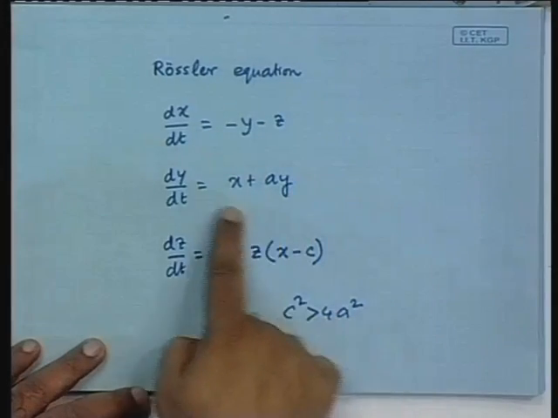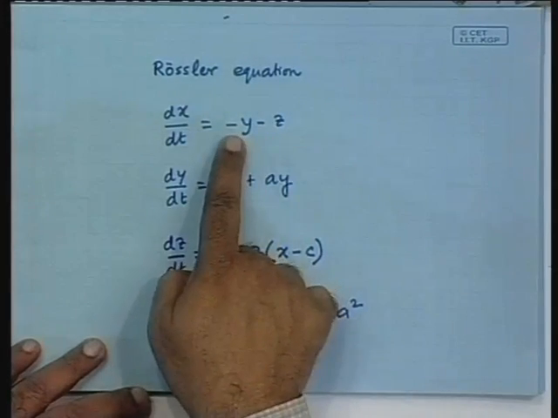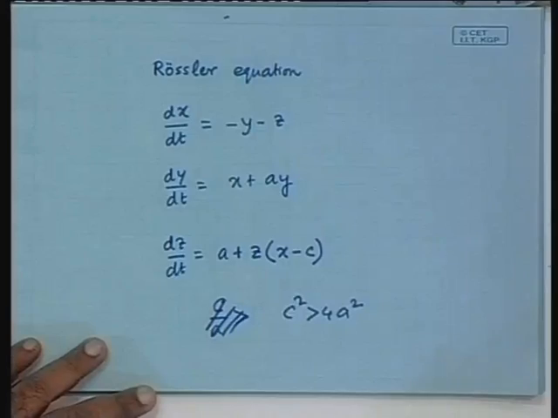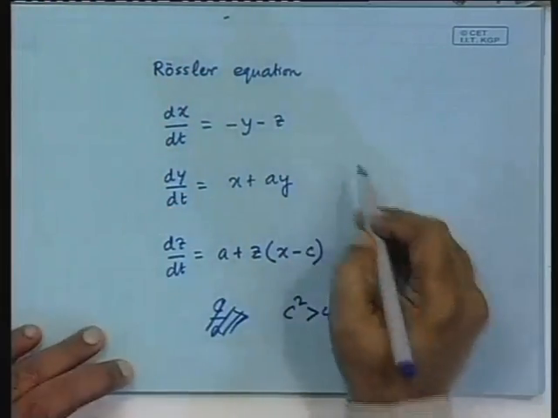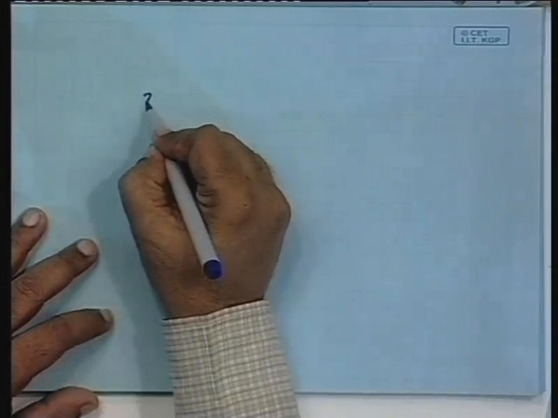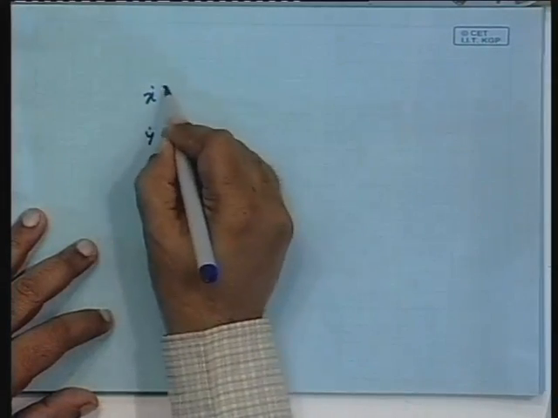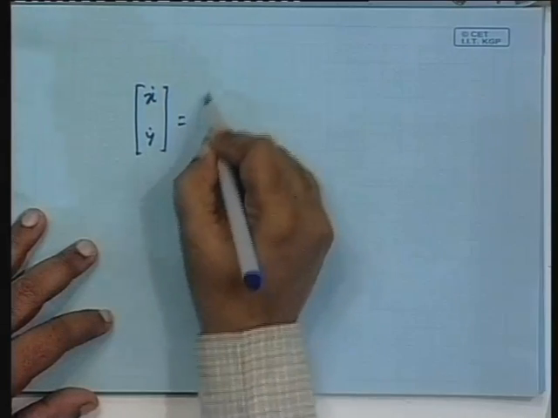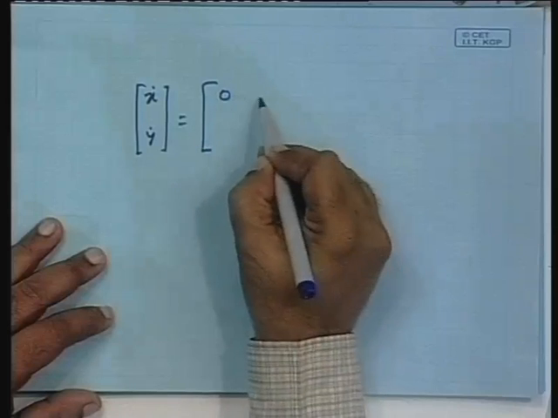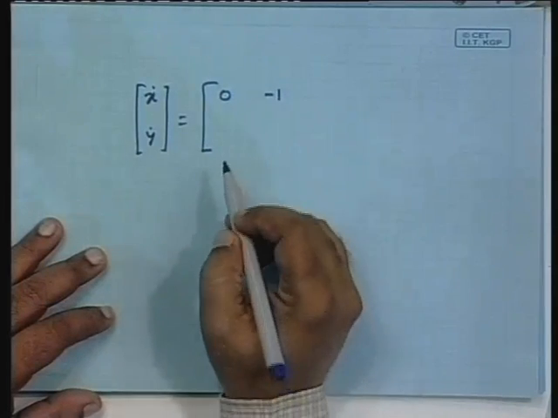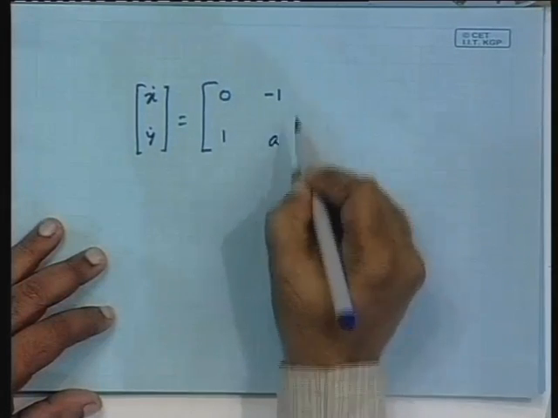Okay. Here you see the Jacobian matrix, if you consider only these two equations, will take this form: x dot, y dot is equal to 0 -1, 1 a.